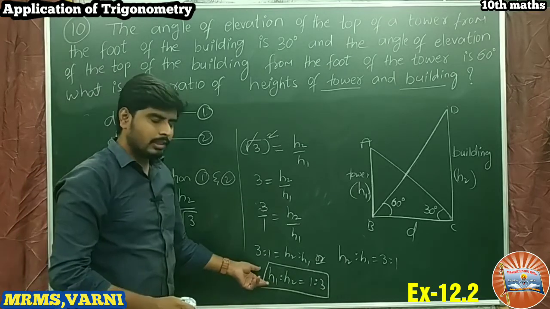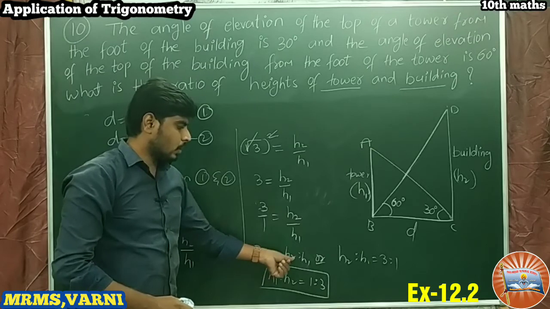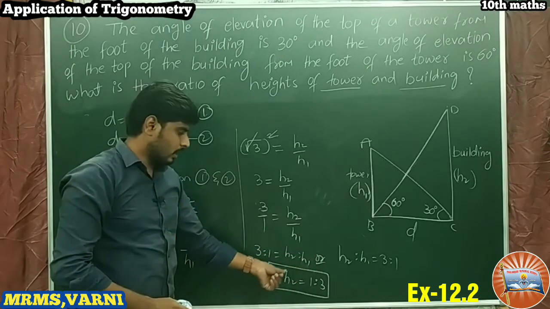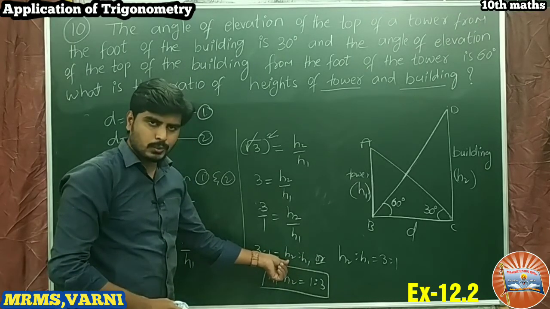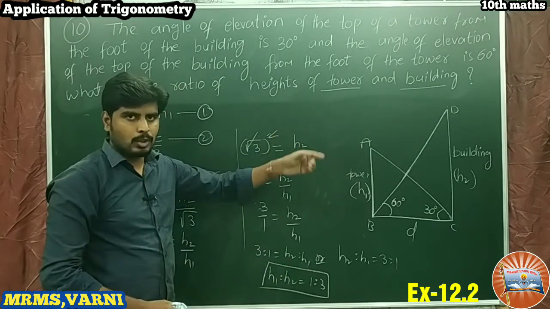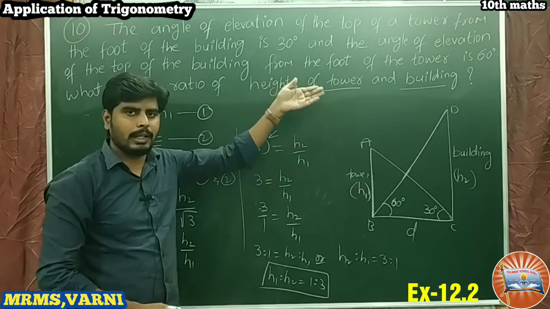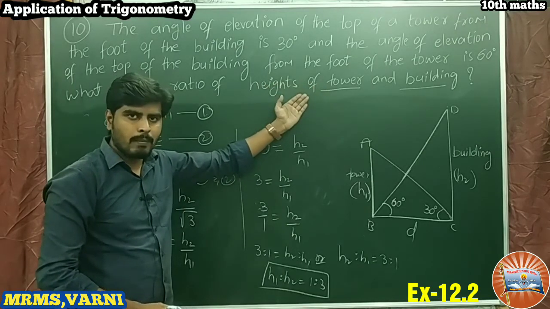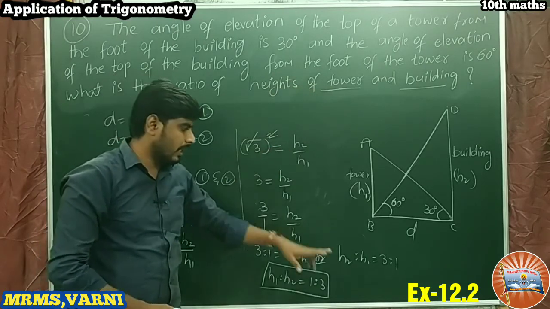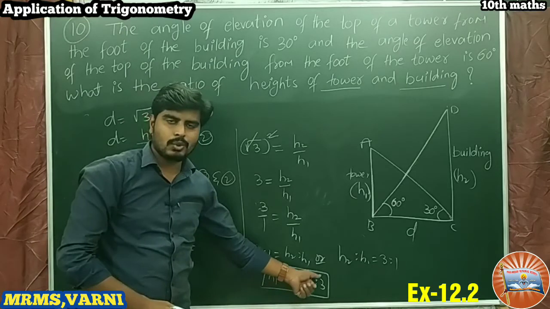Did you understand this? Here we got 3 is to 1 as the ratio of H2 is to H1. First we have written H2, which is the building height. But we need the ratio between the tower and building, which means first we have to write the tower height, that is H1. That is why I have taken H1 is to H2, and we got 1 is to 3.